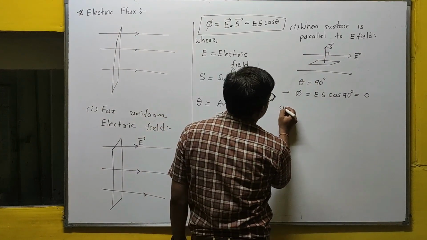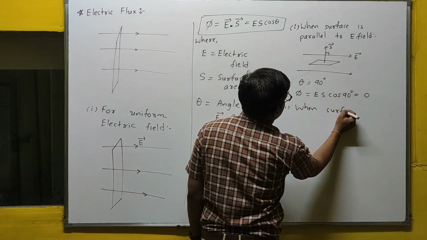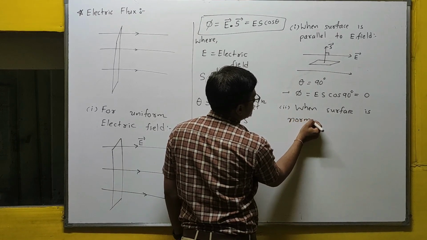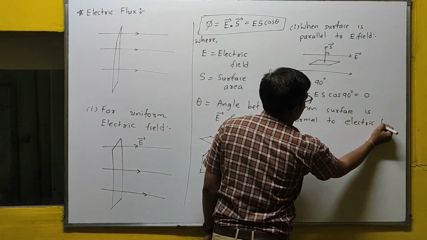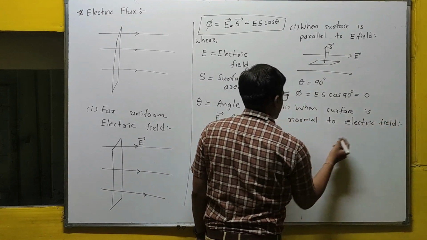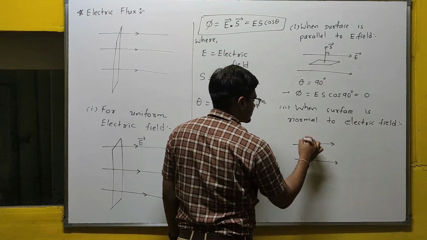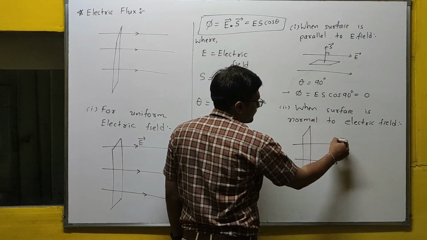Perpendicular. Now in the second case, when the surface is normal to the electric field, then what happens? Suppose electric field is in this direction and the surface is like this. This is normal to this electric field.